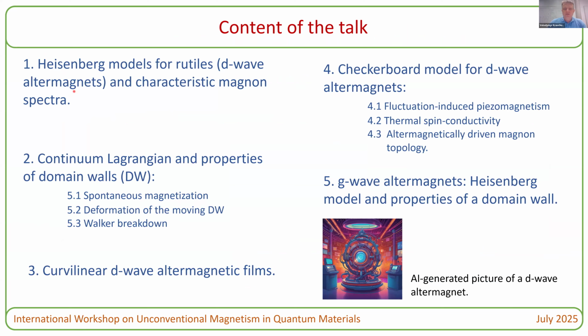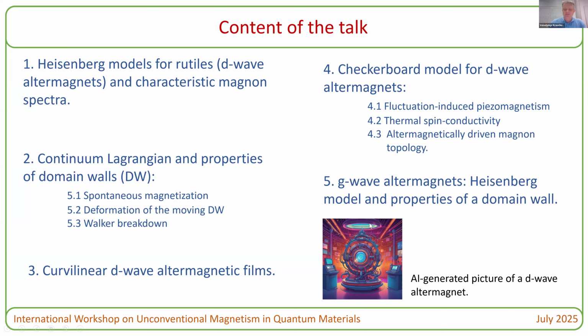We will talk not only about the altermagnetic splitting of magnon branches, but also about a number of other physical effects, such as spontaneous magnetization of domain walls or magnetization of deformed altermagnetic films, or fluctuation-induced piezomagnetism, thermal spin conductivity, and others. And at the end of my talk, I will briefly also tell about G-wave altermagnets.